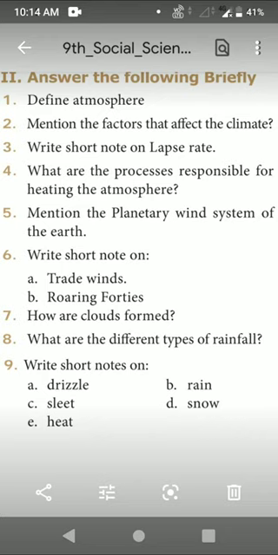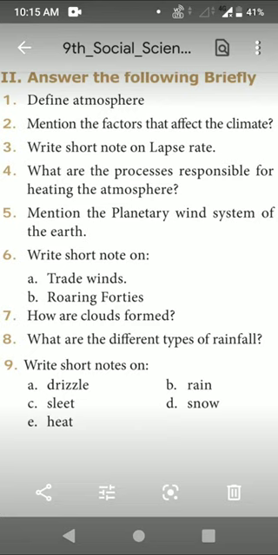Next, third question. Write a short note on lapse rate. Lapse rate is the rate at which Earth's atmospheric temperature decreases with an increase in altitude or increases with a decrease in altitude.